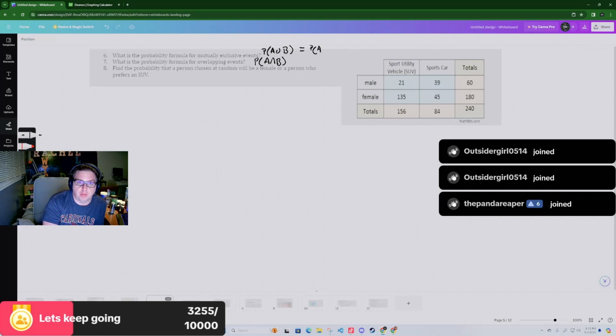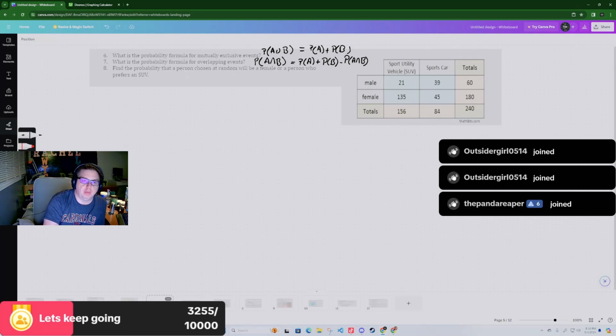So we're just doing the probability of A plus the probability of B. But with overlapping, we have the probability of A, we have the probability of B, but we need to subtract the overlap because it's getting counted twice. So if we do females and sports utility vehicles, this 135 gets counted in both of them. It gets counted in the females and the sports utilities, and we only want to count it once. So we have to get rid of that overlap between them. So that's what we need to do when we have overlapping events.